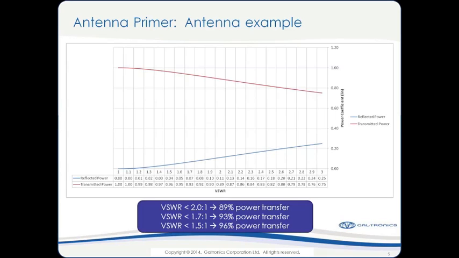A VSWR of 2 to 1 represents 89% of the power actually transmitted to the antenna, or accepted by the antenna. And you can see as you change that spec value from 2 to 1 to 1.7 to 1 to 1.5 to 1, that you're speccing that more power be accepted by the antenna. So from 89% to 93% to 96%.